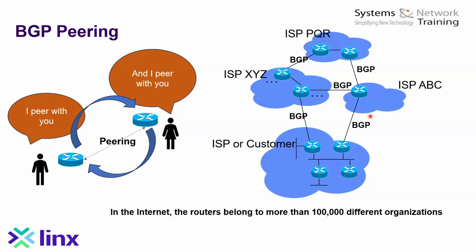So in order for the routers, let's say, of this organization called ISP ABC to communicate with this organization, ISP, that's Internet Service Provider XYZ, then their routers must first peer with each other, and that is to create an open channel of communication between their routers. And then, and only then, can they actually pass routes to each other.